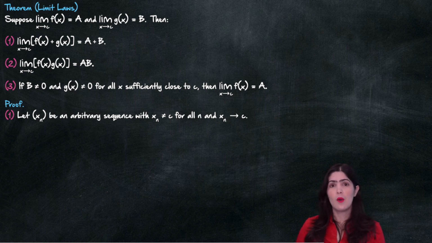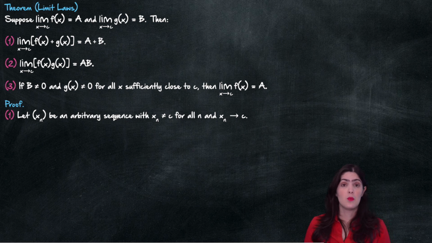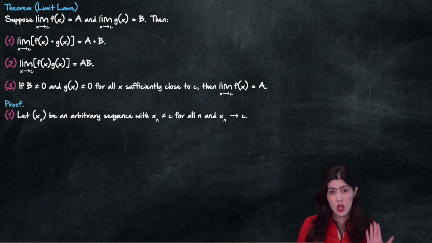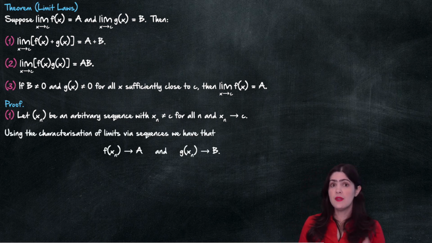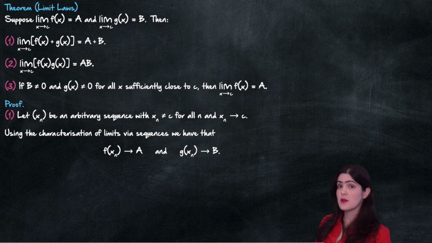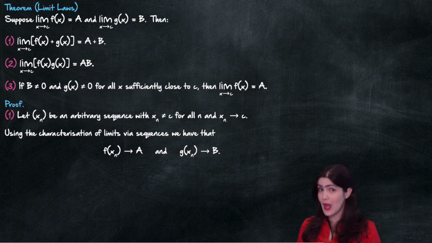So here we're going to use, as I said, the characterization of limits via sequences. So we need to start with an arbitrary sequence such that the xn's are not c, and I know that xn converges to c. Then, using the characterization of limits via sequences, we have that f of xn converges to a and g of xn converges to b.